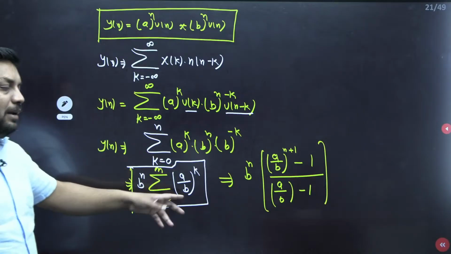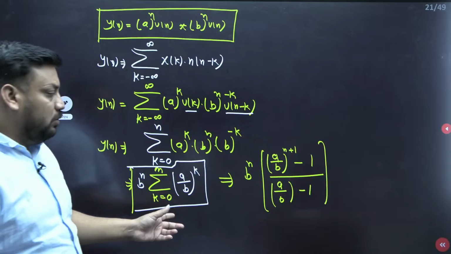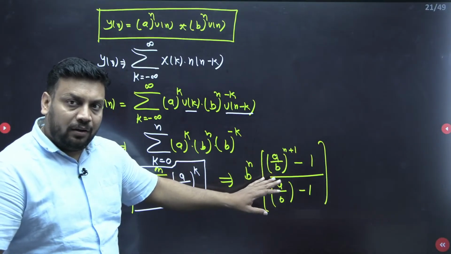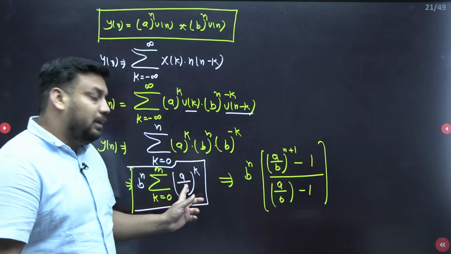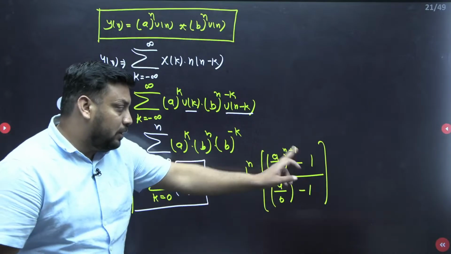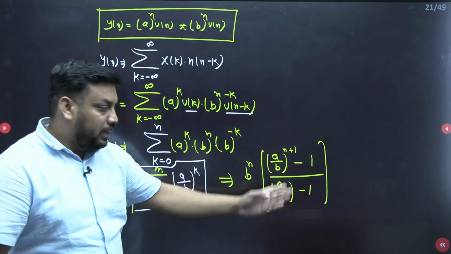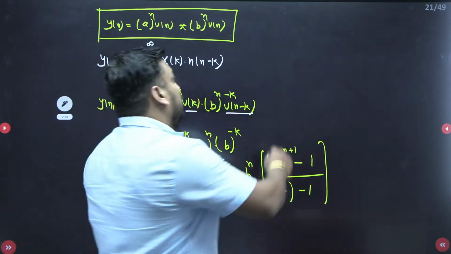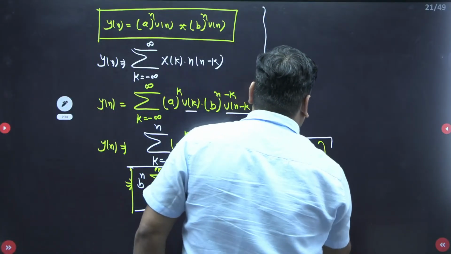I am taking the a/b value greater than 1. I can take less than 1 also; don't worry, you can take minus common in the numerator and denominator. You will get the expression you ideally get when a/b is less than 1, where 1 will come first. So whatever it is, no problem at all.